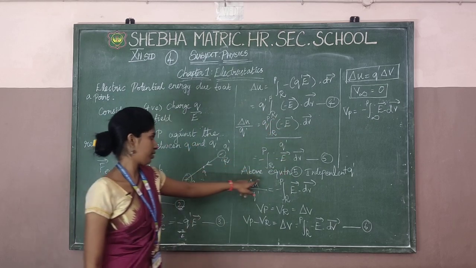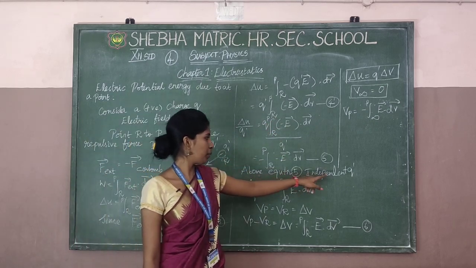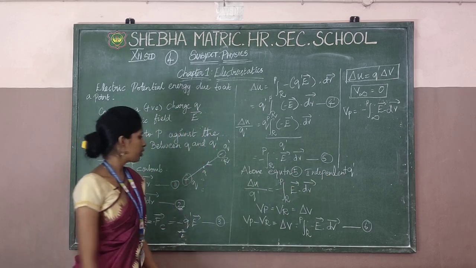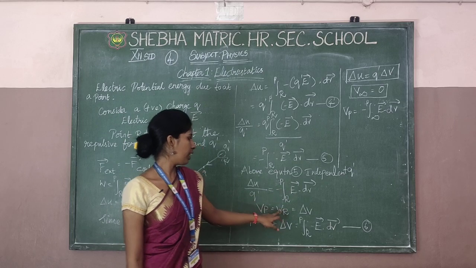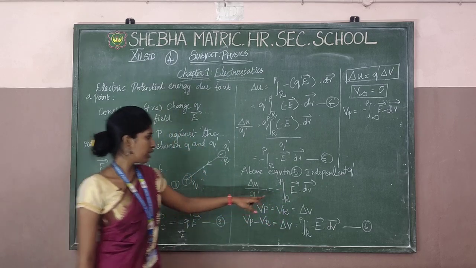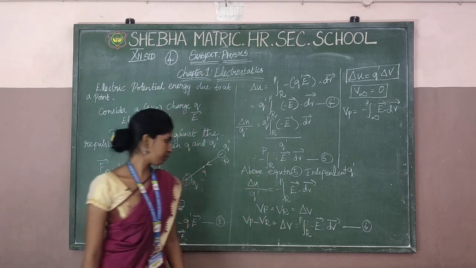Equation 5, independent of Q. So del U divided by Q dash is equal to minus the integral of P to R of E vector dot dr vector.